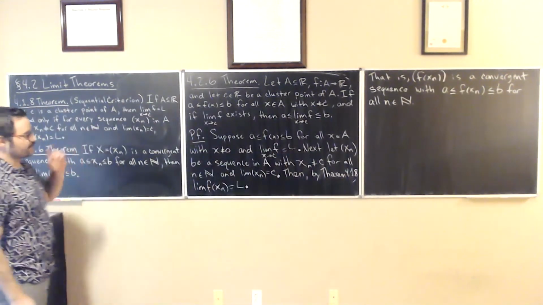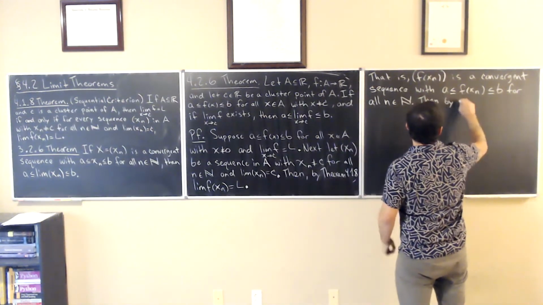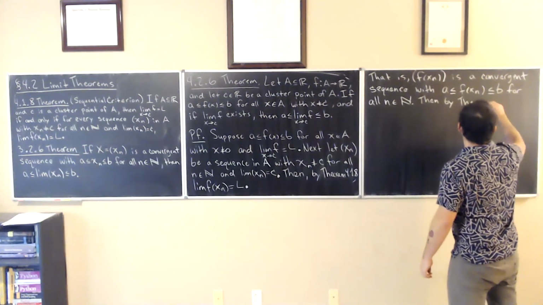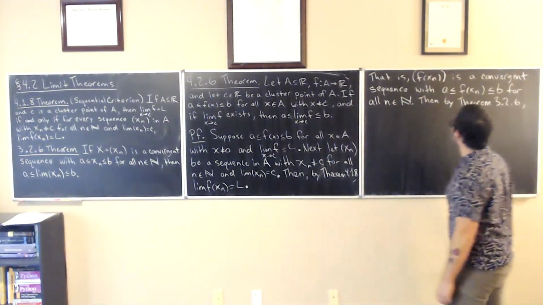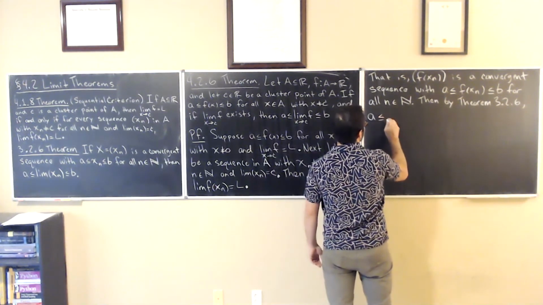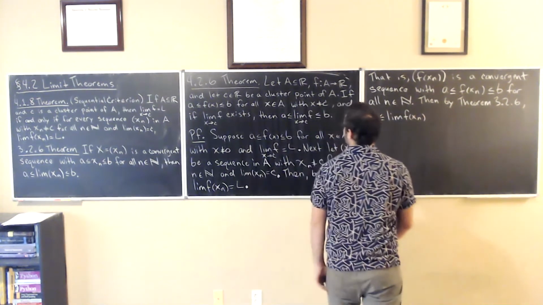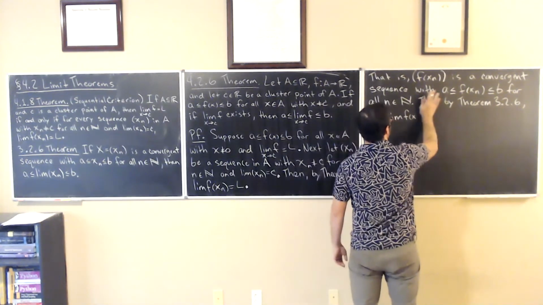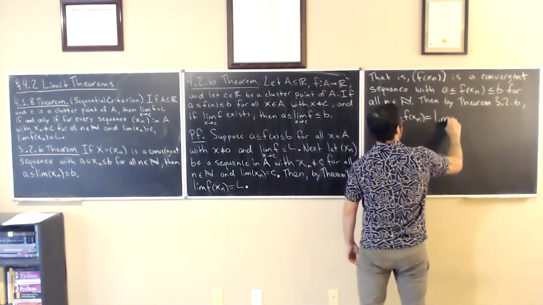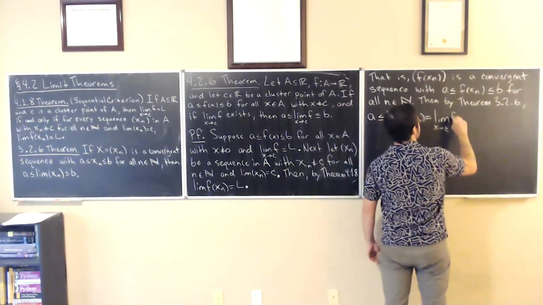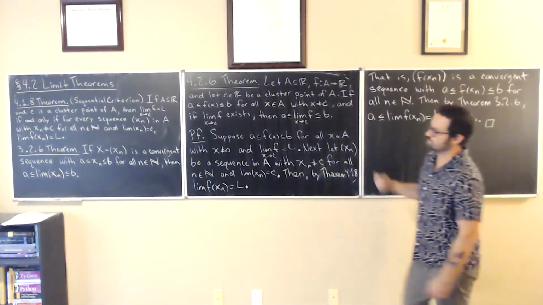So then we just apply this theorem and we're done. That's it. So then by theorem 3.2.6, a is at most the limit, which is equal to the limit as x approaches C of f, which is at most b. And then we're done. That proves the theorem.